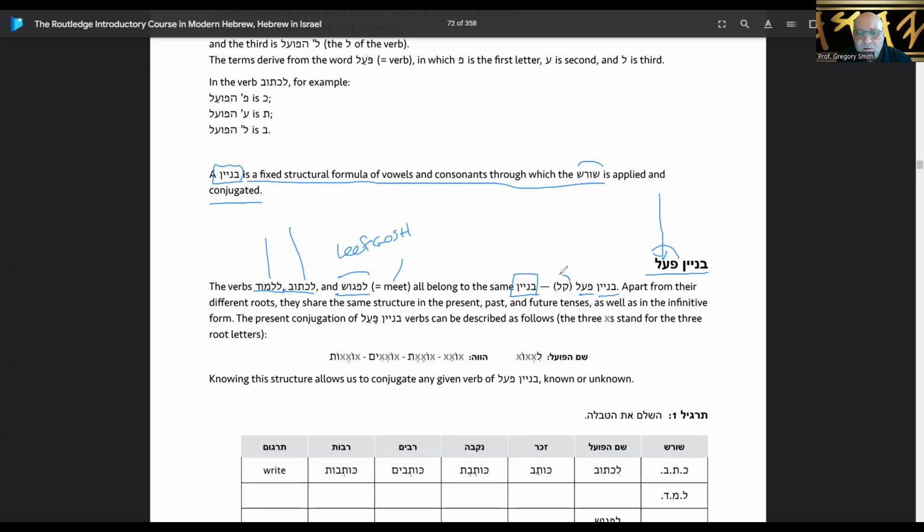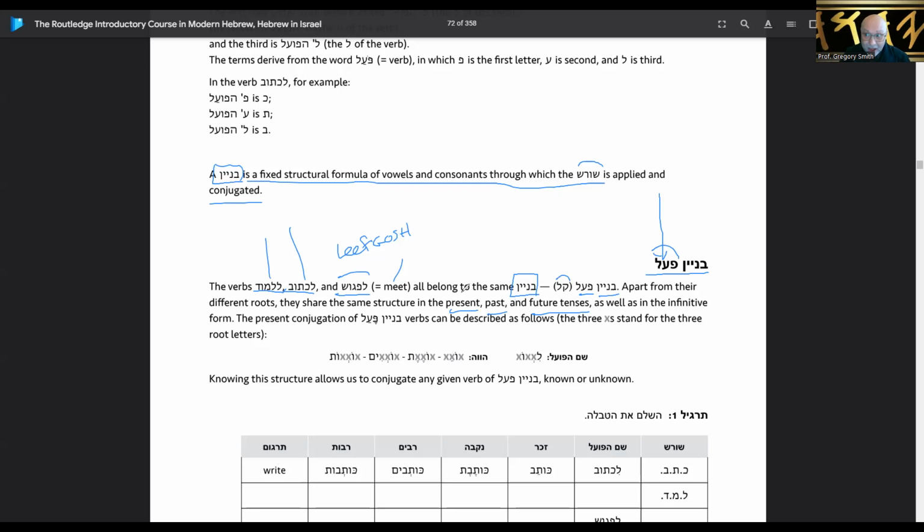So this is the kal. That has to do with the infinitive kind of stuff there. Apart from their different roots, they share the same structure in the present, past, and future tenses. Now, this is important because when you are trying to figure out, well, did he run? Is he running now in the present? In other words, did he run in the past?